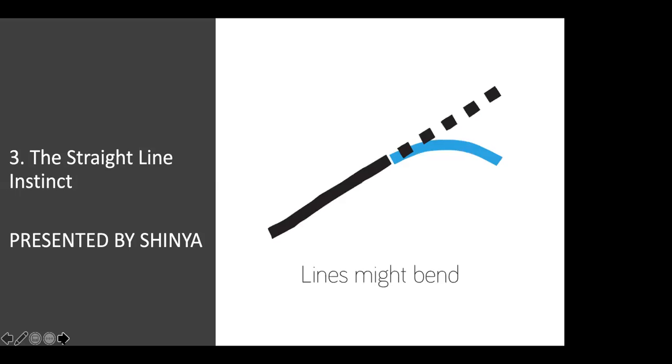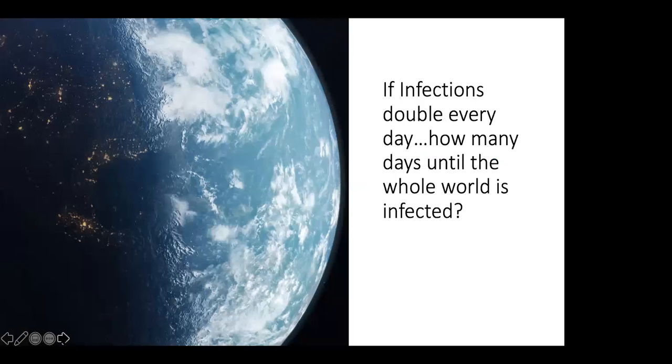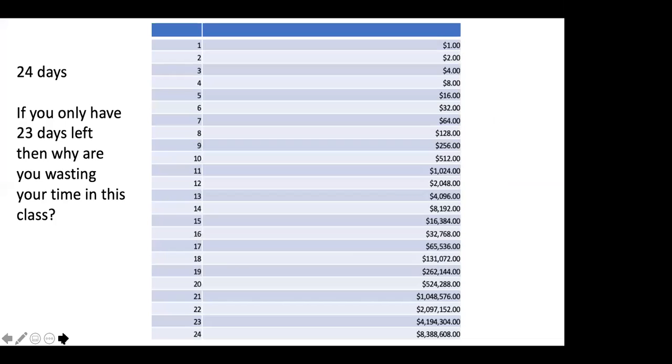And third one is the straight line instinct. If infections start every day, how many days until the whole world is infected? Next, please. The answer is 24 days, but this is not accurate.